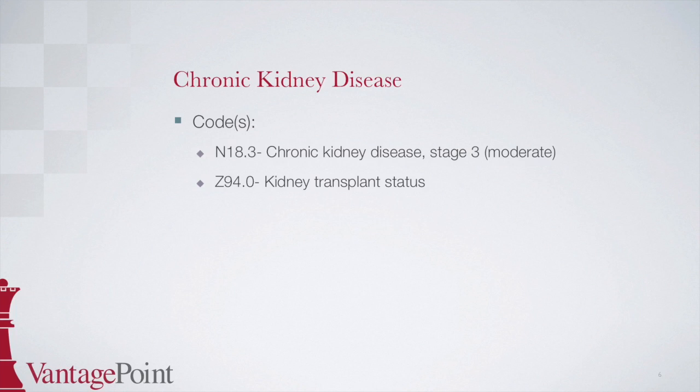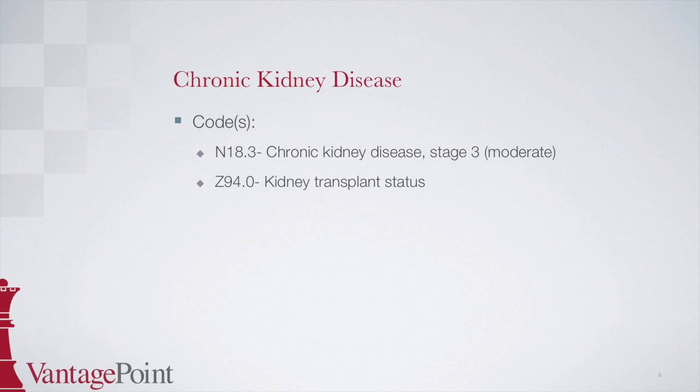When you confirm in the tabular, there is a note which states, use additional code to identify kidney transplant status, if applicable, Z94.0. Therefore, the next code is Z94.0, kidney transplant status.